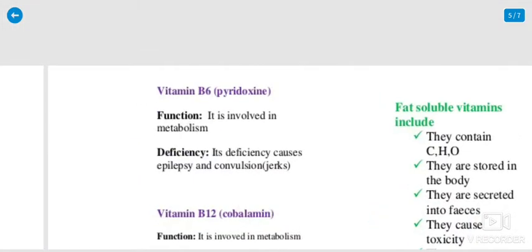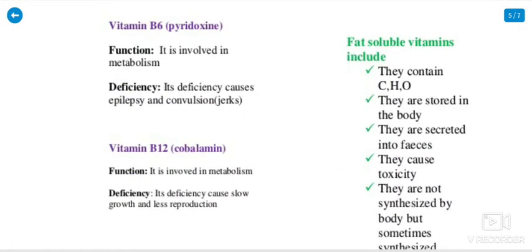Continuing to another one, vitamin B6, pyridoxine. Its function is involved in metabolism, and deficiency of B6 pyridoxine causes epilepsy and convulsions, that means jerks.